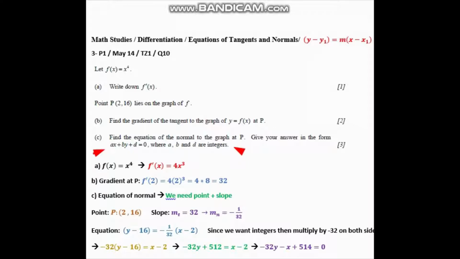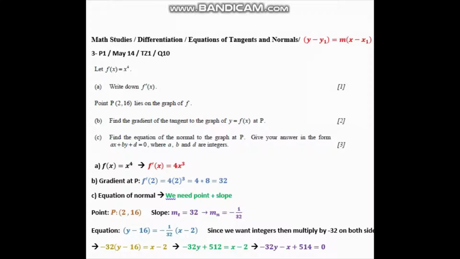Now, if I attempt to expand this bracket, I'm going to get a lot of fractions with 32 in the denominator. So to save myself the trouble, I decided to multiply both sides by 32. This shall remove the denominator from the equation.